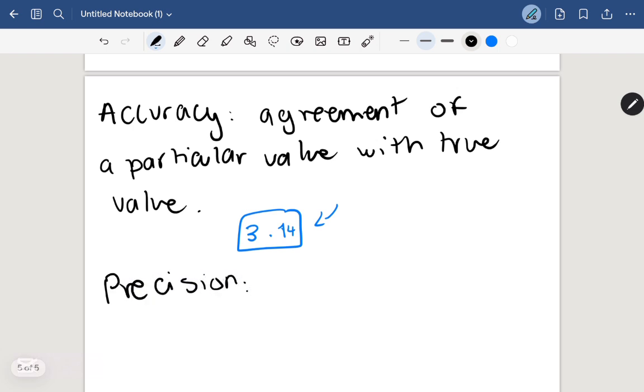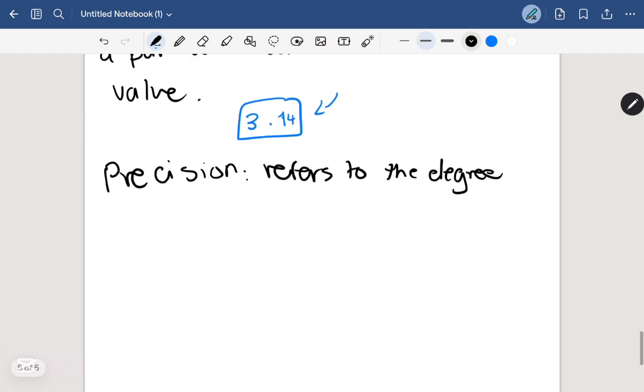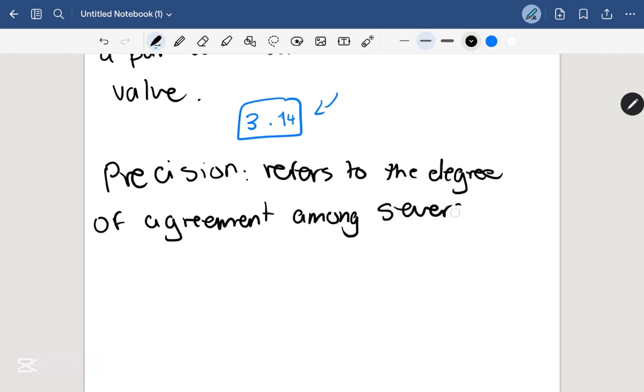So precision refers to what? It refers to the degree of agreement among several measurements of the same quantity.